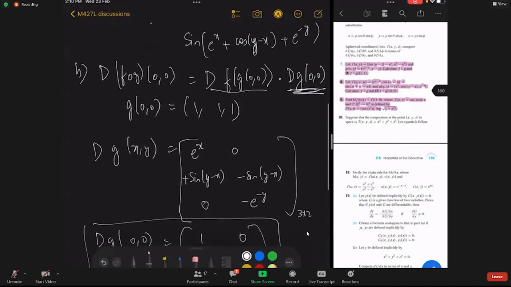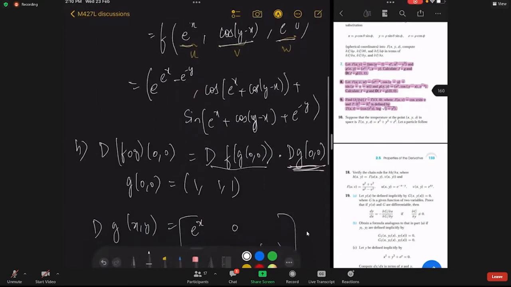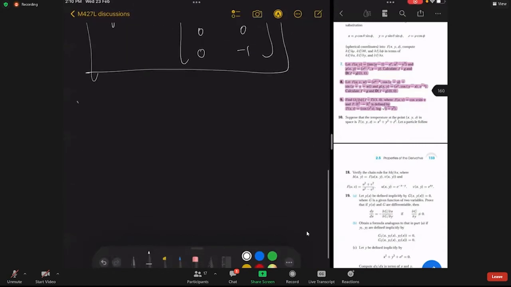Now let's find out the partial derivative of your f function so that we can eventually find out this matrix. So for d of f of u, v, w, I'm just going to write down the partial derivatives. You can differentiate it and see if you're getting the same answer. So this will be e power u minus w, then 0, then minus e power u minus w.